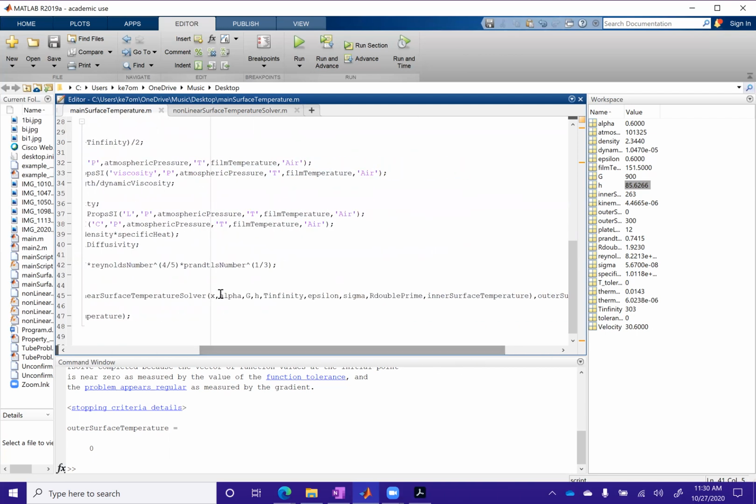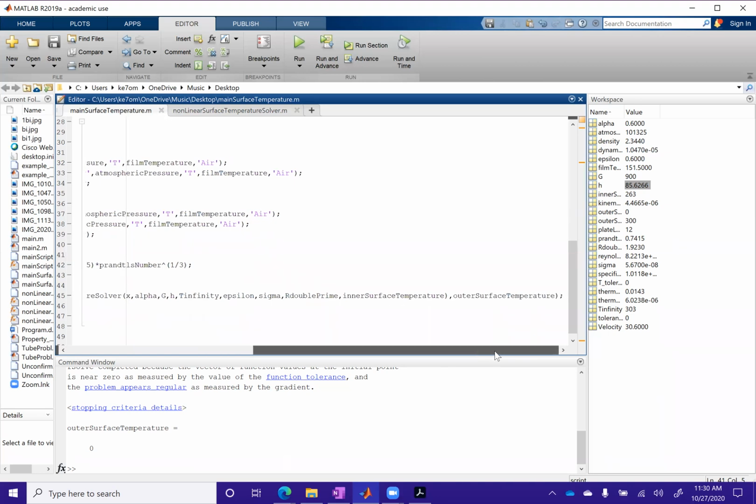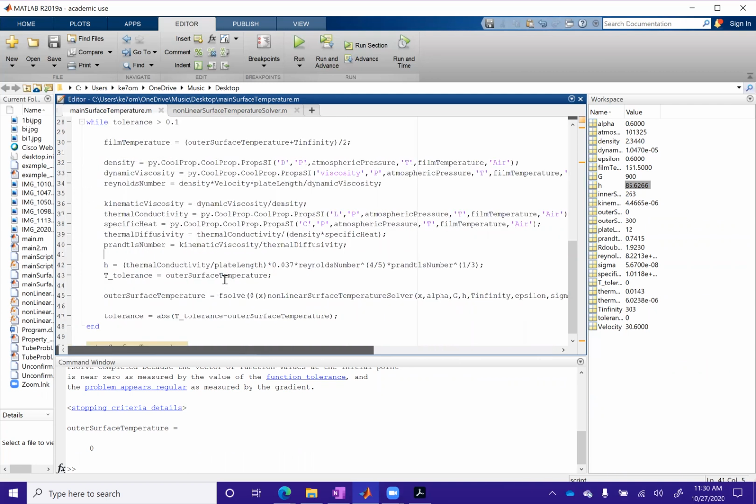And then it's possible that something here is getting mixed up. X, alpha, G, H, T infinity, epsilon, sigma, R double prime, inner surface temperature, then the guess is outer surface temperature. And then reset the tolerance.